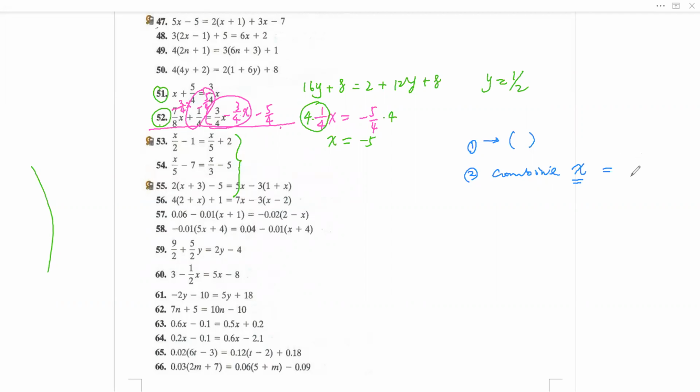Combine the variable and non-variable terms in the right part. Put all the variables on the left side, put the non-variable part on the right part. So finally you get the numbers, and you get the solution out of the expression. So that's the homework for the equation part.